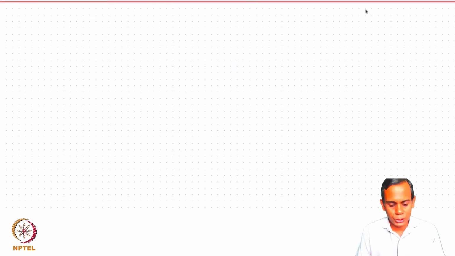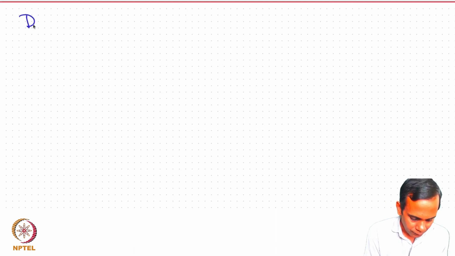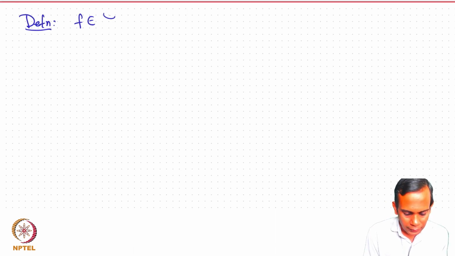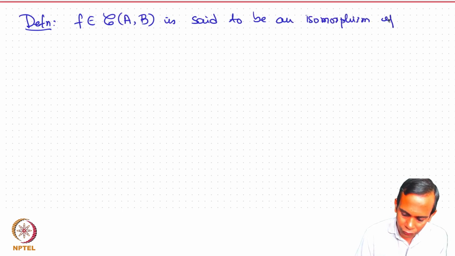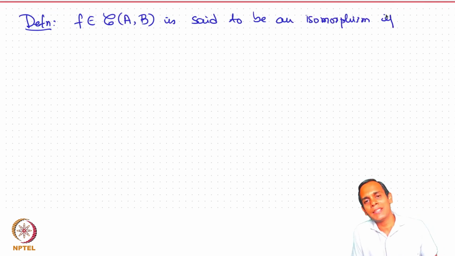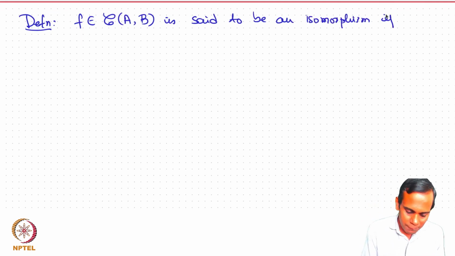Finally, we come to the notion of an isomorphism. So F, an arrow in a category C from A to B, is said to be an isomorphism if, and this definition is much simpler than the definition of monomorphism and epimorphism, it just simply says that it has an inverse.